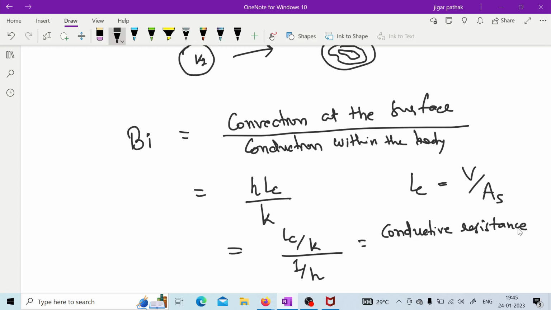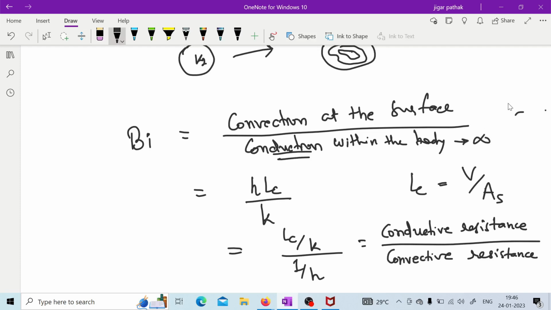So basically this Biot number says how conductive your material is, how predominant conduction is, right? So if your conduction is very high or very predominant, then it almost goes to infinity, as we have seen in that fin, that if the fin is at the same base temperature throughout, then it will give the highest efficiency.